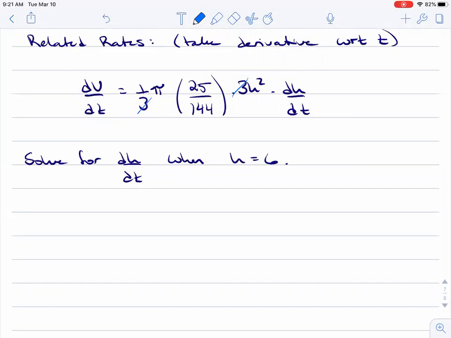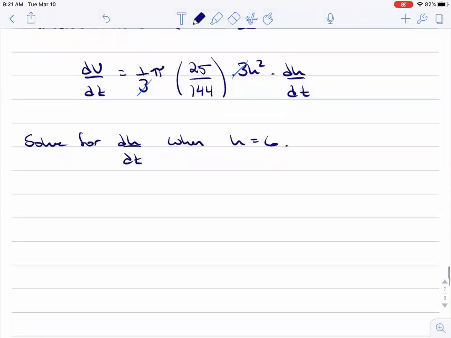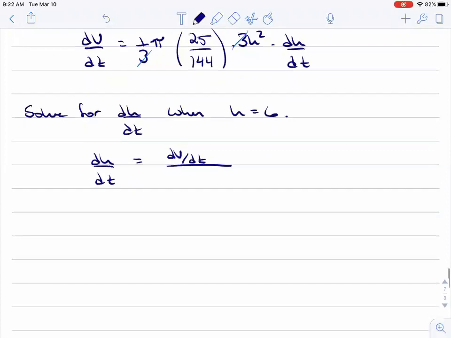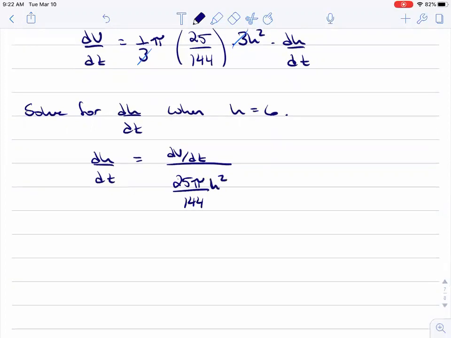But beyond that, I'm not really able to do anything else, but I can solve for dh/dt. So dh/dt is going to be dV/dt divided by 25 pi over 144 times h squared.